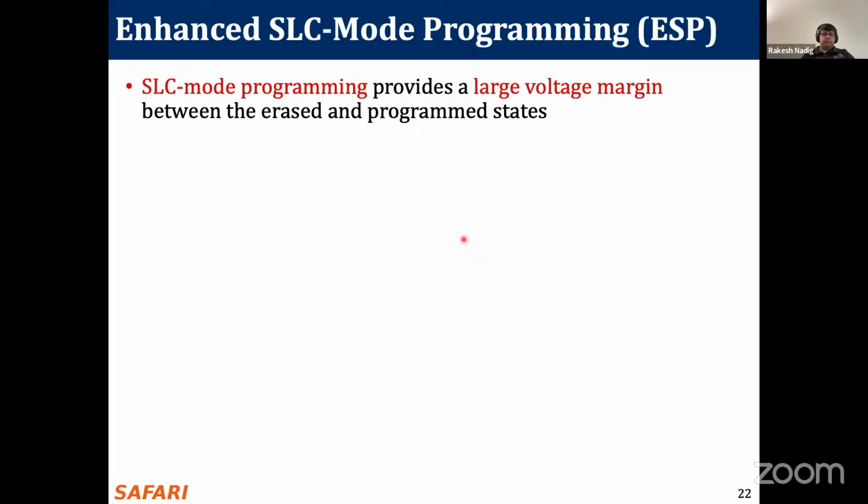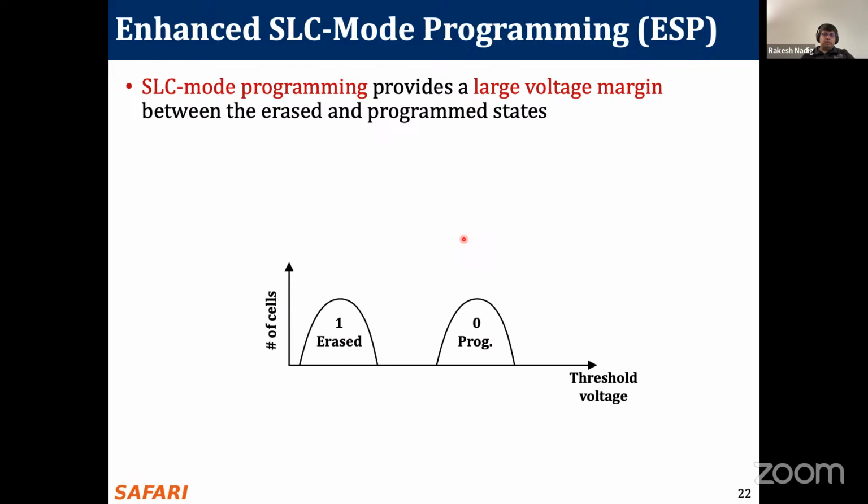ESP is very similar to SLC mode programming, because SLC mode programming already provides a large voltage margin between the erased state and the program state. There is a trade-off in terms of the density of the flash cell versus the reliability here.